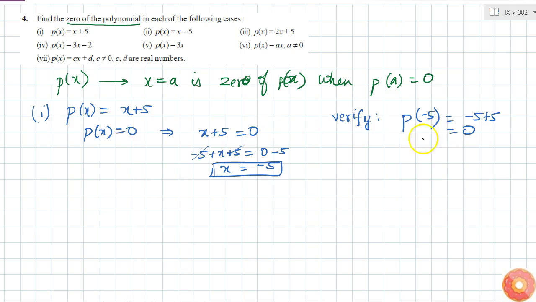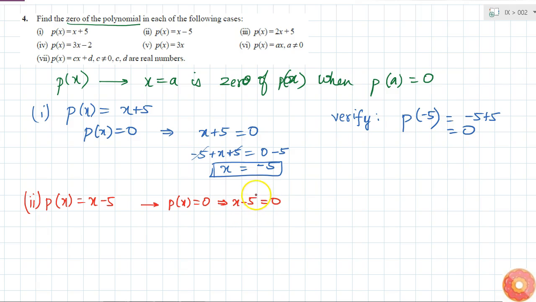Therefore, the conclusion is that if I put p of x equal to 0, then the value of x which satisfies this condition gives the zeros of the polynomial p of x. Similarly, the second part is p of x is equal to x minus 5. So p of x equal to 0 means that x minus 5 is equal to 0.